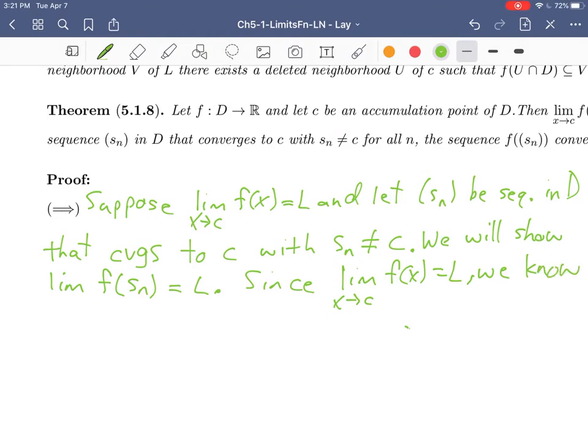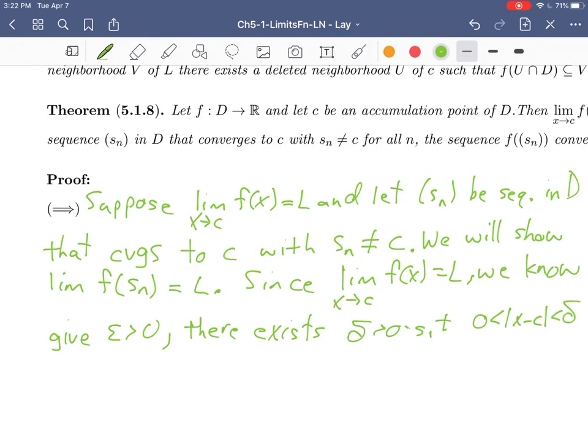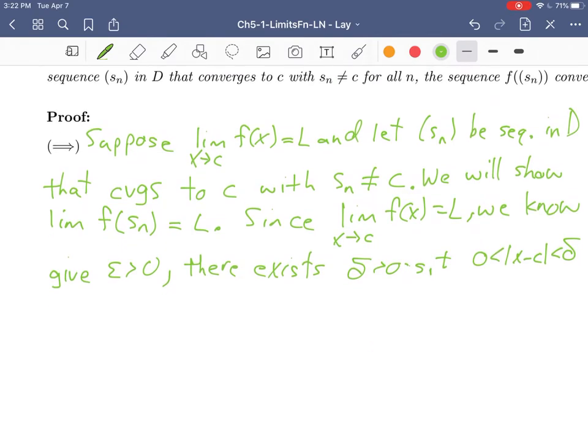Given epsilon greater than 0, there exists a delta greater than 0 such that when the distance between x and C is non-zero but less than delta, this should imply that the distance between f of x and L is less than epsilon.